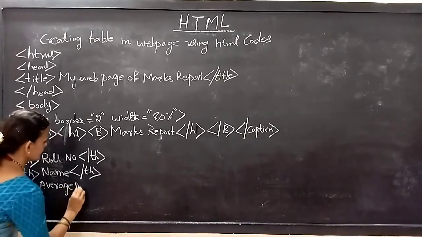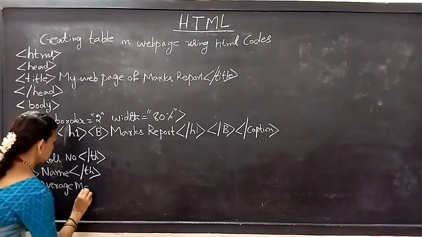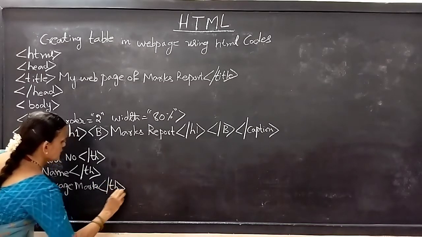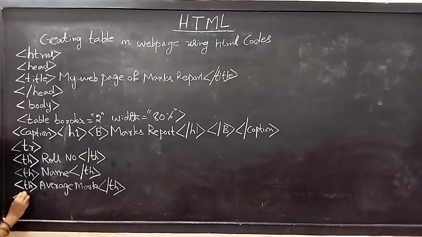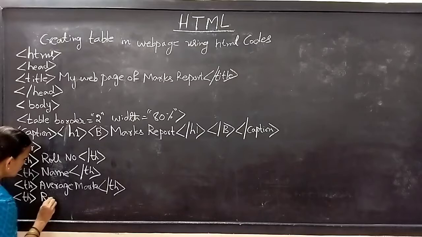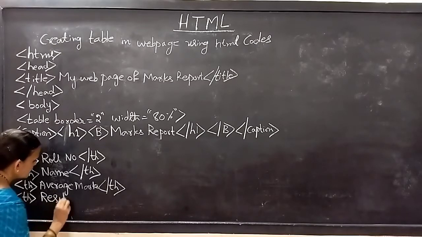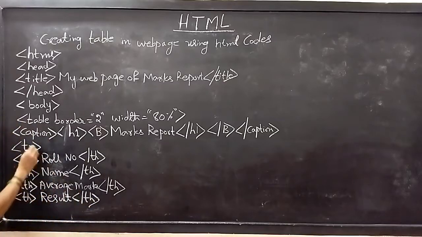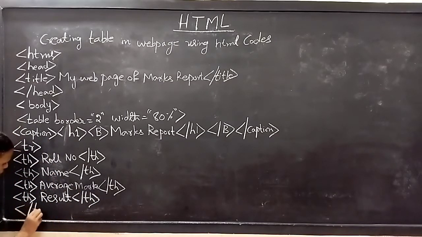Average marks, slash TH, and we can give the column heading as remarks or result. Result, slash TH. Then we have to close that row, so slash TR.